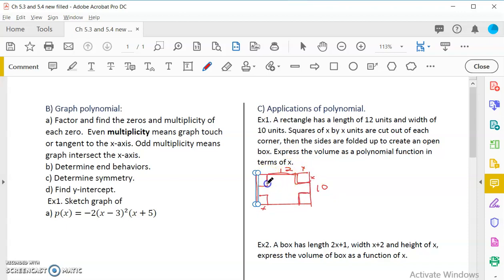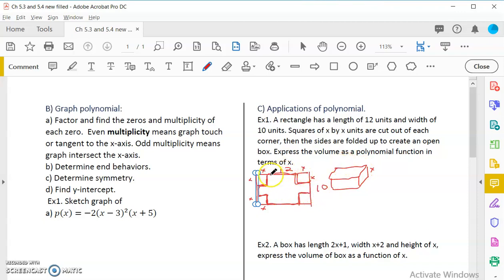Right? And if you fold up the cardboard, imagine you fold this up and this would stick together, they become a box. The height would be x, right? Because that's what you fold up. All the height is x. And then the length and width would be what?